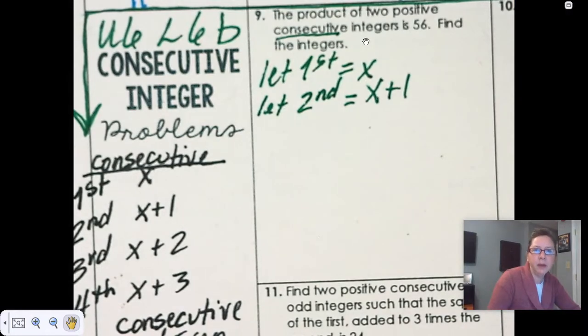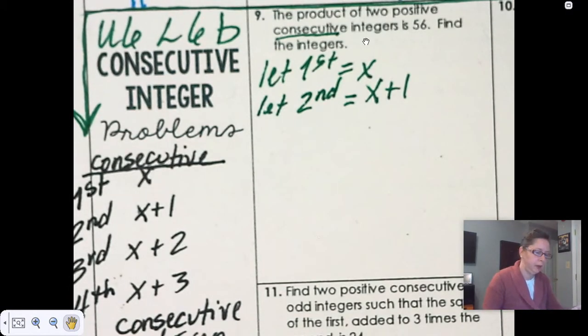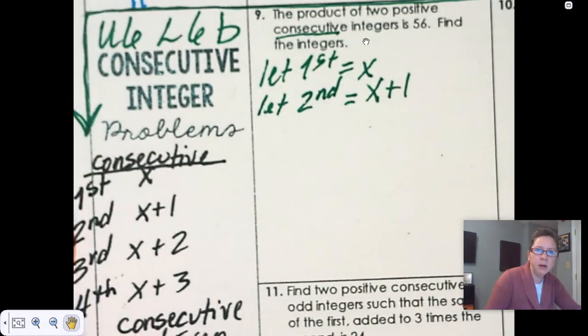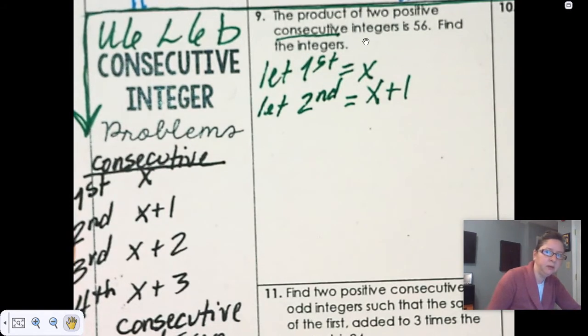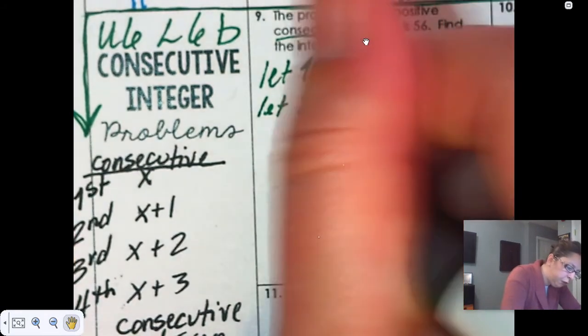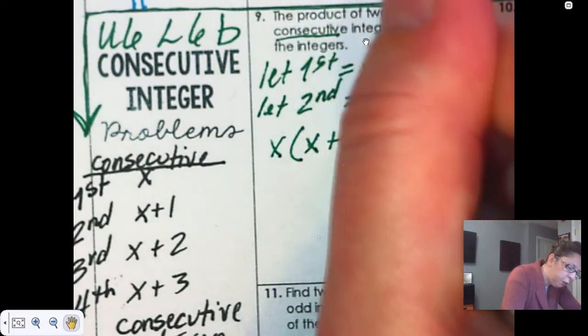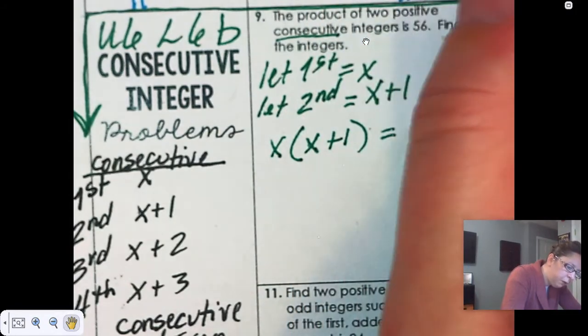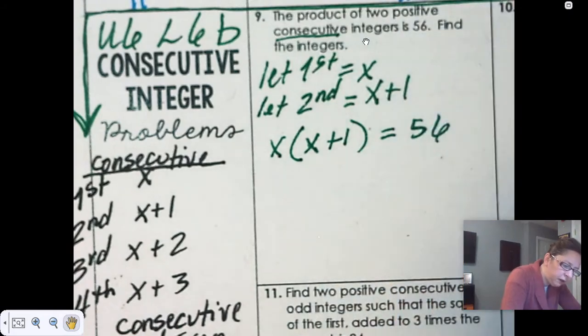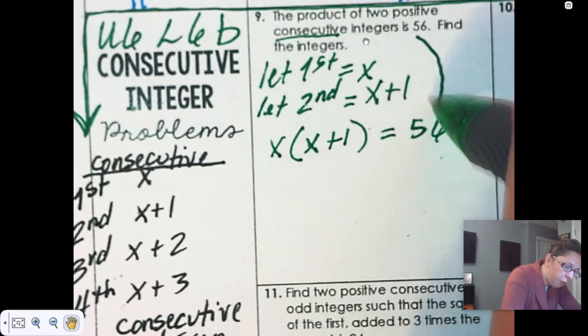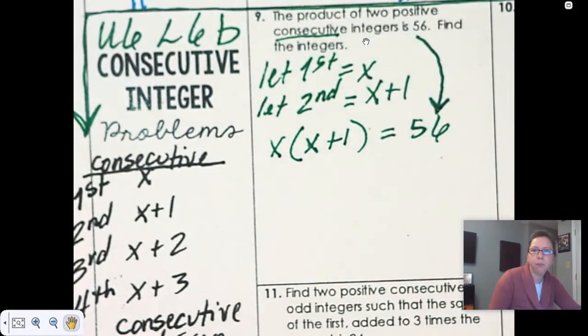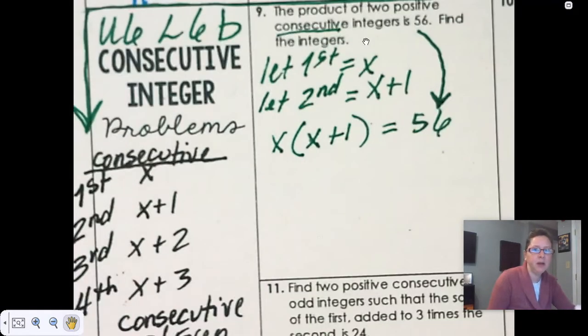All right, and now I'm ready to set up the equation. It said that the product of these two numbers is 56. So let's do x times x plus 1 equals 56. I got that from the rest of the word problem. Okay, and now my task is to find the two integers.